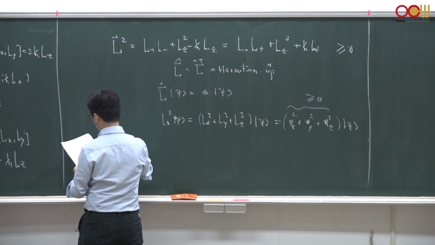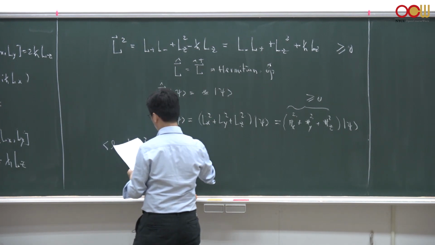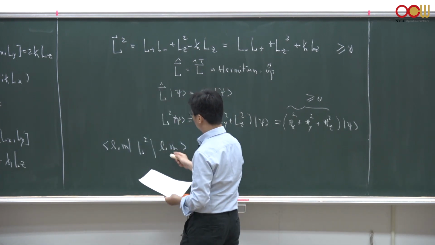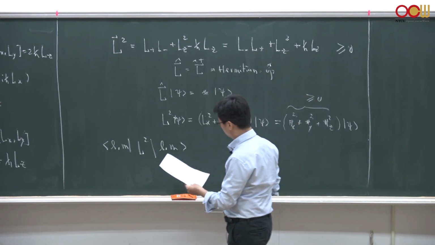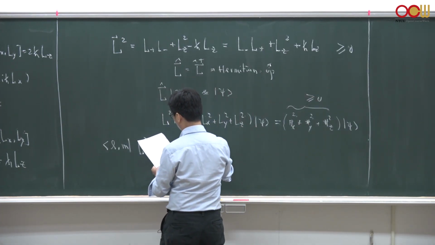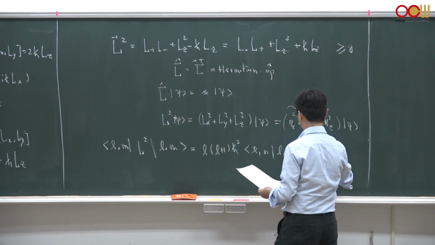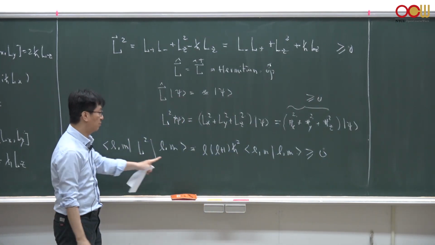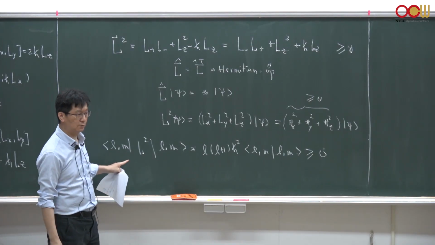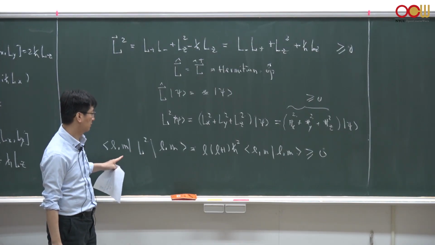So let's use this matrix element equation to illustrate and explain this conclusion, that the expectation value of L squared sandwiched by this lm must be greater than or equal to 0.